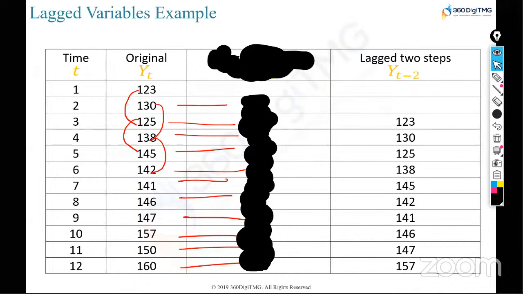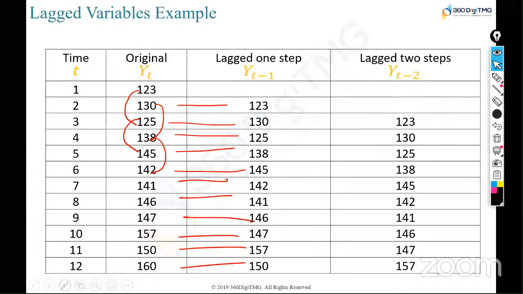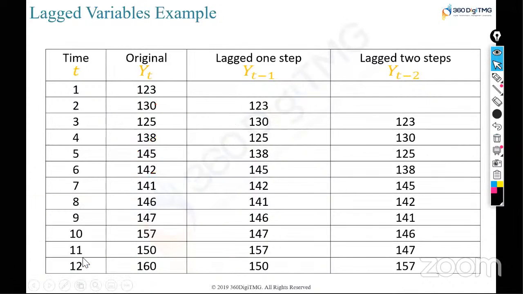Is it clear? So if any of the lags, whether it is lag 1 or lag 2 or lag 3 or lag 4 or lag 5, whatever, if any of the lags has a good correlation, then there exists an autocorrelation. All right, there exists an autocorrelation.